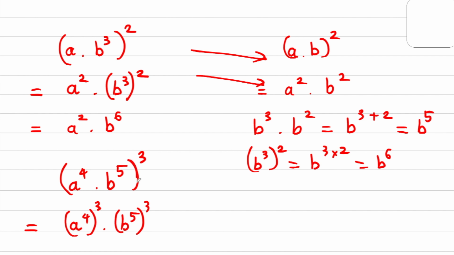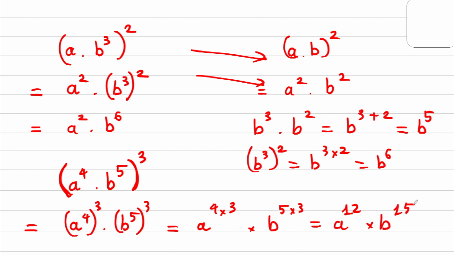Because I want to break this bracket, I have to put 3 here for both this base number and this base number. And the next step, you understand the operation of the power number in here, right? 3 times 4 and 5 times 3. So A to the power of 12 multiplied with B to the power of 15. Yeah. So for this writing, I think that is a lot more complicated, but it is an understandable theory.